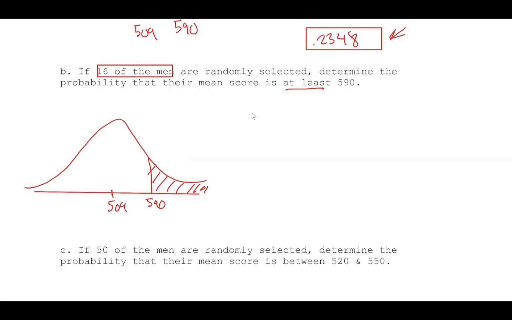So if 16 of the men are randomly selected, what you wanna do is find what mu of X bar is, which is just mu. And you have to find what sigma of X bar is, which is sigma divided by square root of n. So mu is still gonna be 509. But what's gonna change is your standard deviation, because we're not gonna use 112.